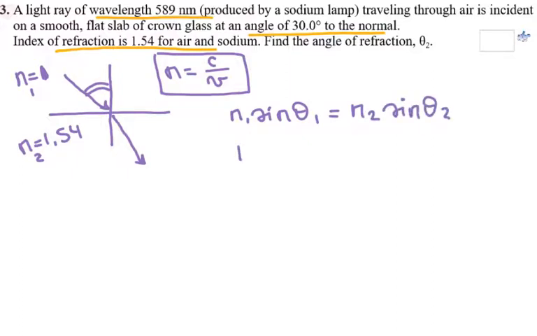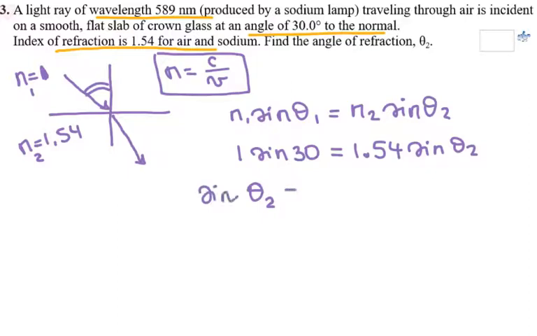So n1 is 1, then I have sine of 30 is equal to n2, which is 1.54, times sine theta 2. So sine theta 2 is equal to sine of 30 divided by 1.54, which equals 0.325.